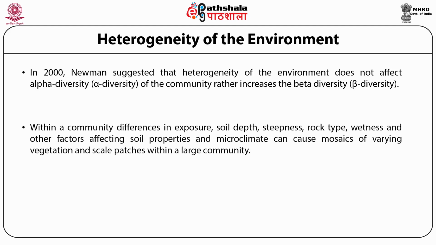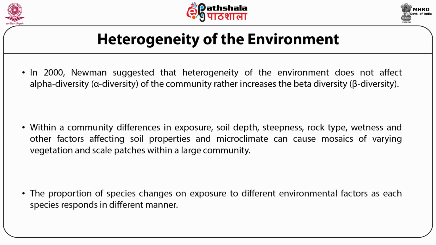Within a community, differences in exposure, soil depth, steepness, rock type, wetness, and other factors affecting soil properties and microclimate can cause a mosaic of varying vegetation and scale patches within a large community. The proportion of species changes on exposure to different environmental factors, as each species responds in a different manner.